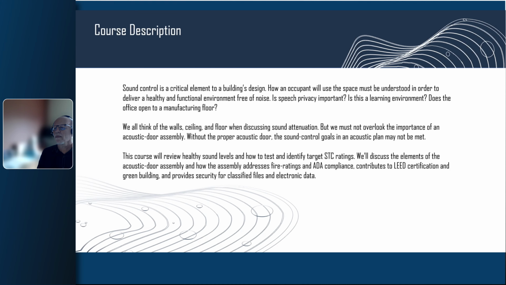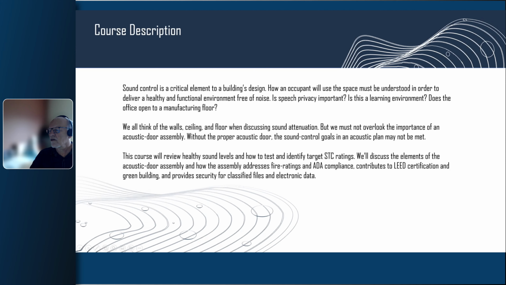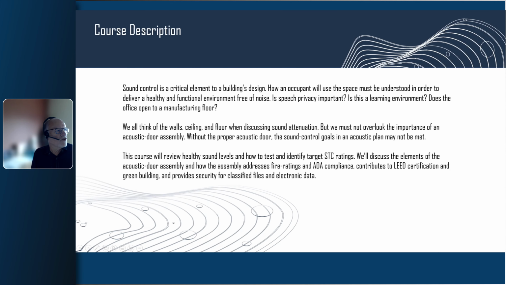And what you'll see is references to STC ratings. You see that here. The term STC is a term that was established by the ASTM folks years ago, and it means sound transmission class.